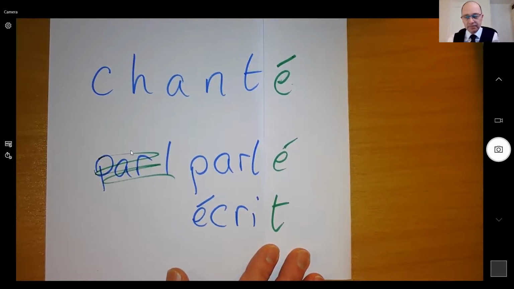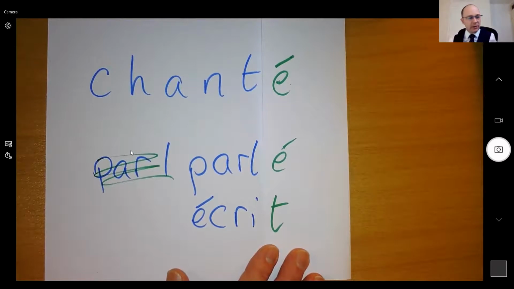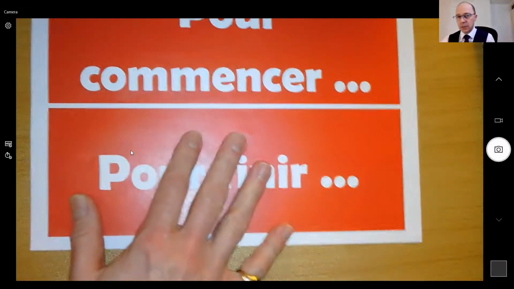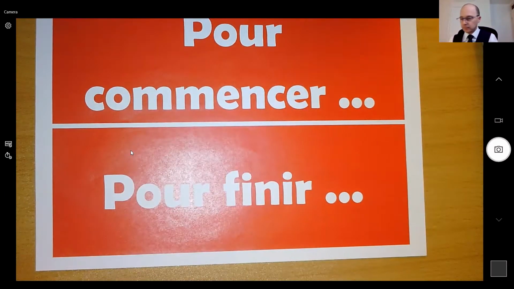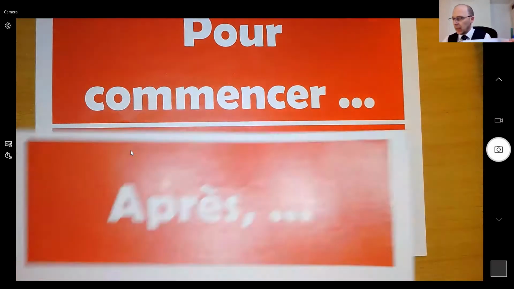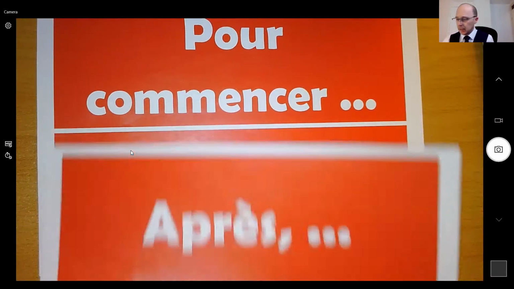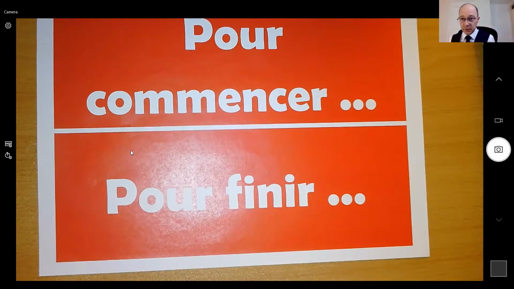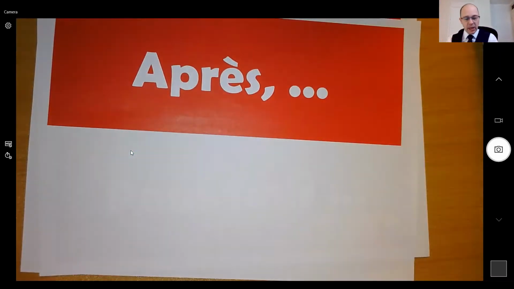Once it's up and running and it's taken root, then instead of using d'abord, ensuite, finalement, I'll use pour commencer, après, and then pour finir. So I use those, okay? And then after that's been going a little while, I might change those.